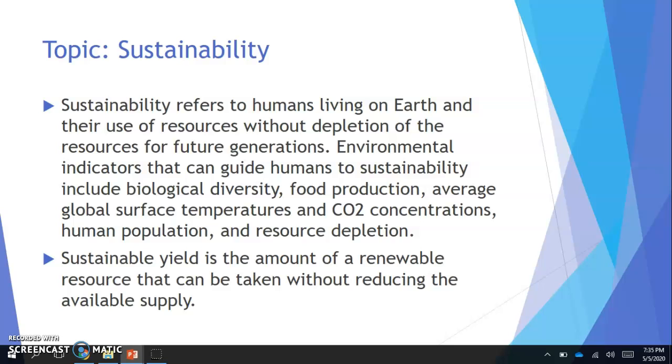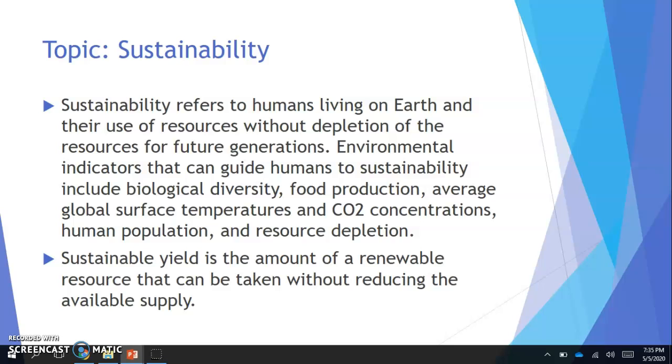We know how much CO2 is being emitted into the atmosphere. We know how much energy it costs for food production. We can measure biological diversity. We have animals on endangered species lists. So we can use those as tools and we can identify trends and kind of cause and effect of what is sustainable and what is not.